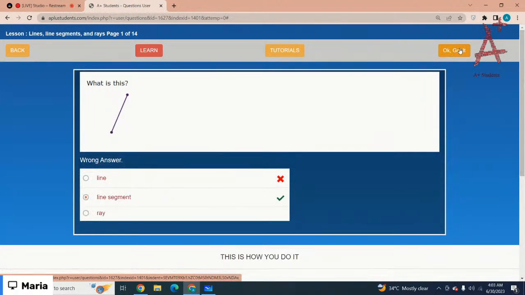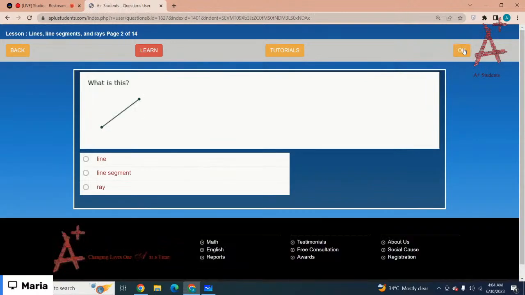The correct option is line segment. Okay, what is this? Again, it has two endpoints, so it is a line segment.